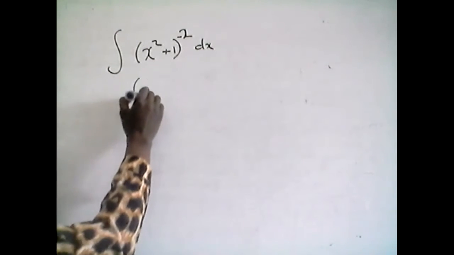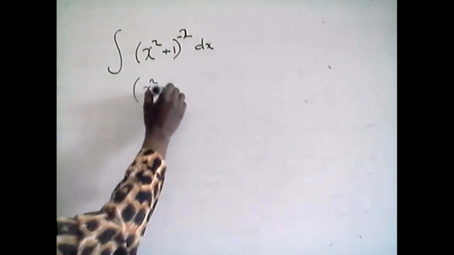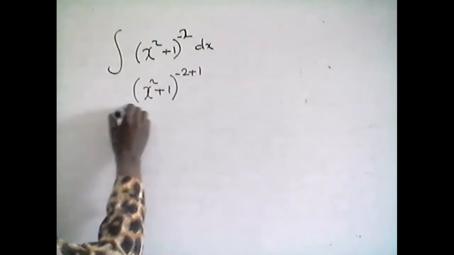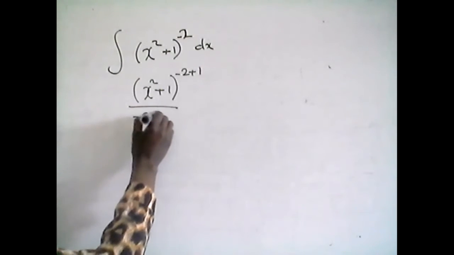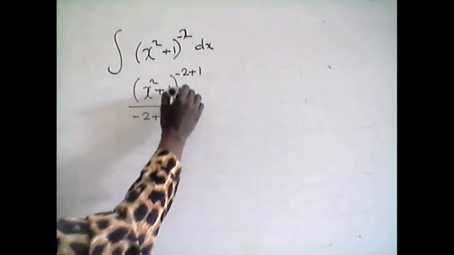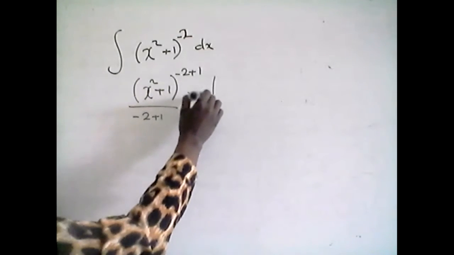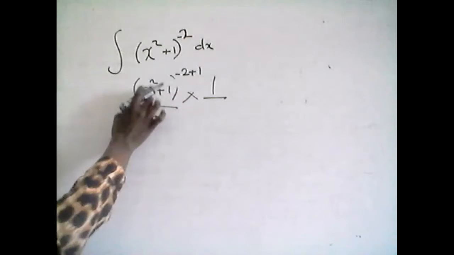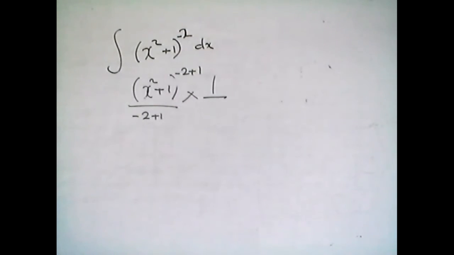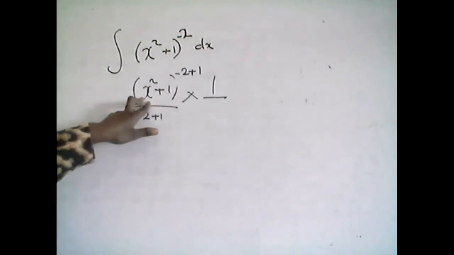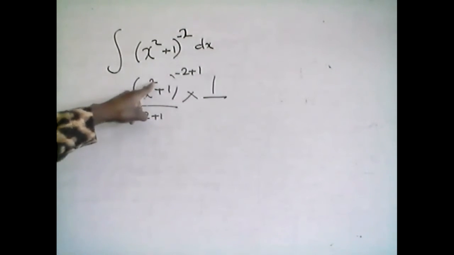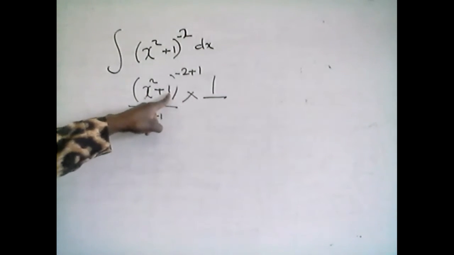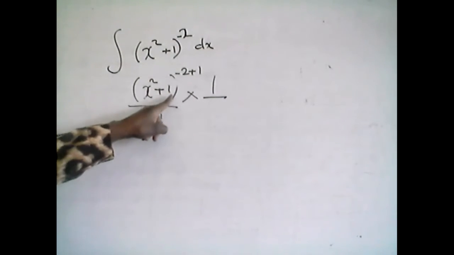So you integrate this to the power of negative 2 plus 1 over negative 2 plus 1. Then next, multiply by 1 over what you're going to differentiate. You differentiate this. When you differentiate this, it will give us 2x. When you differentiate 1, it's a constant, it's 0. So the derivative of the inside bracket is 2x.